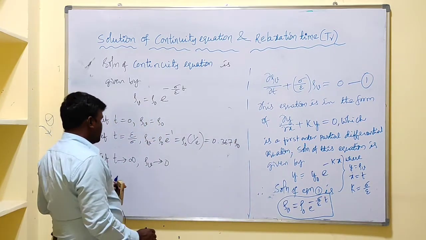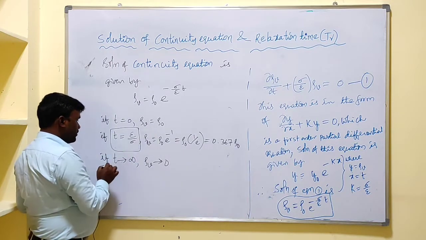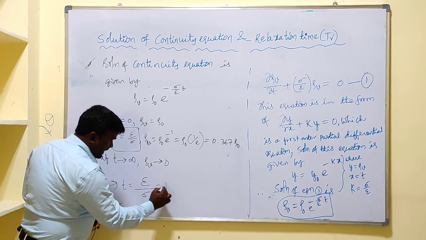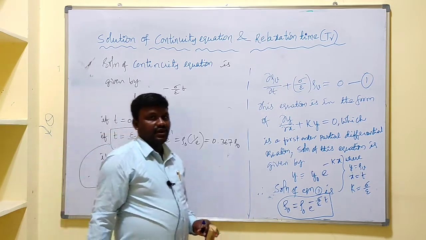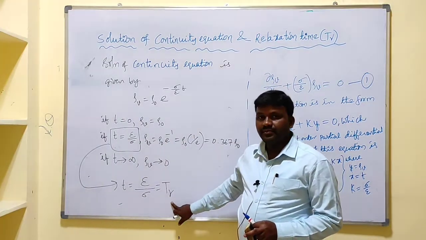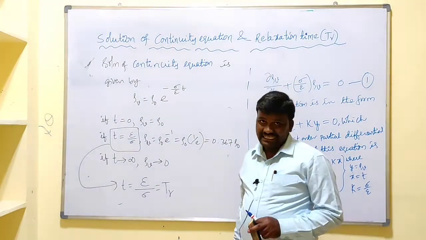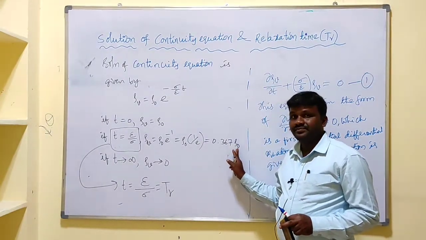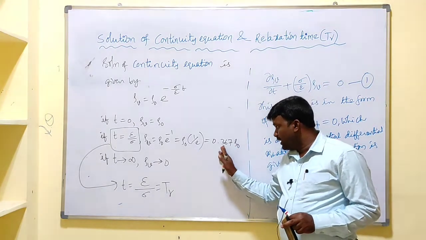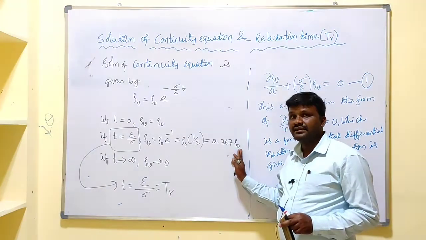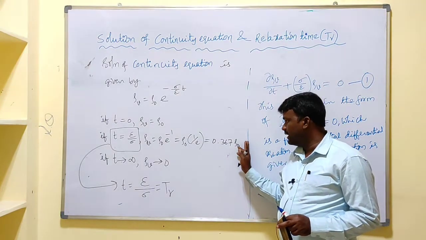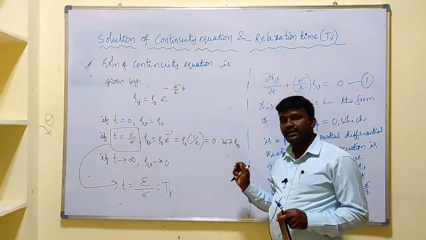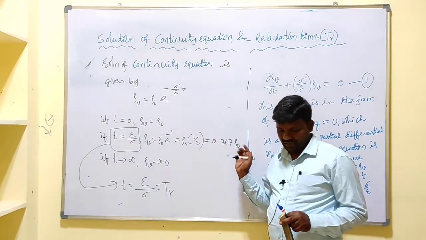This time, T equal to epsilon by sigma, is called the relaxation time. Now, how can we define this relaxation time? It is the time taken by the charge to decay to 36.7% of its initial value. 1 by e value is 0.367 rho naught.